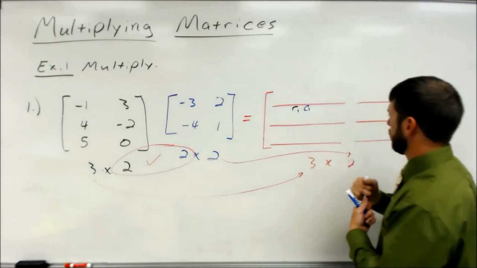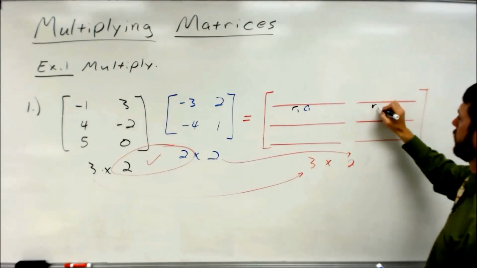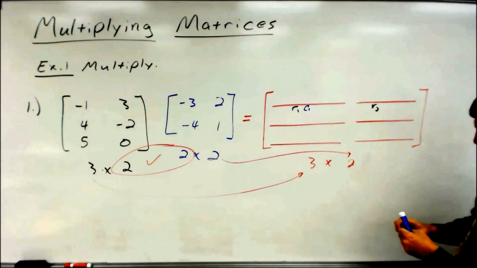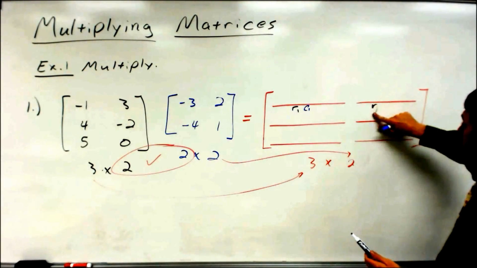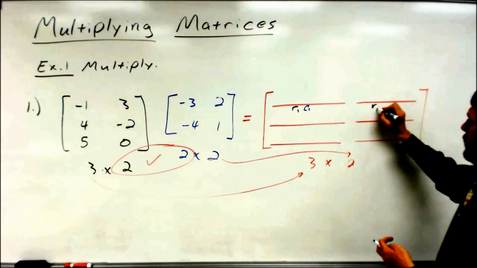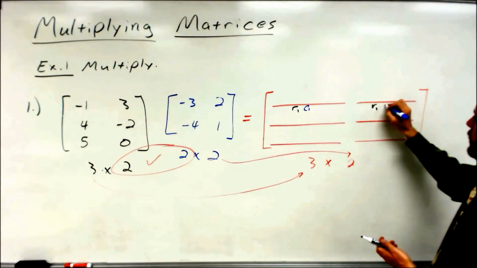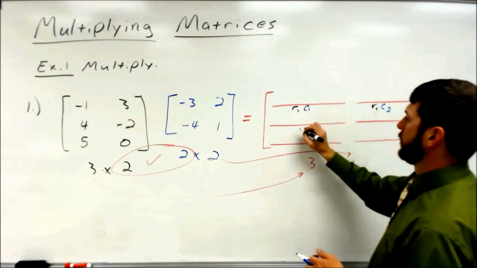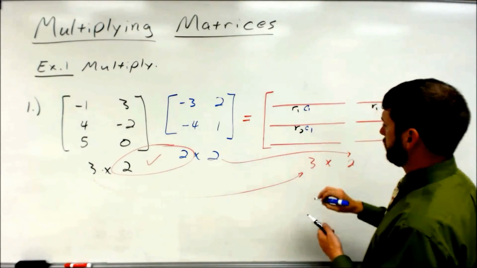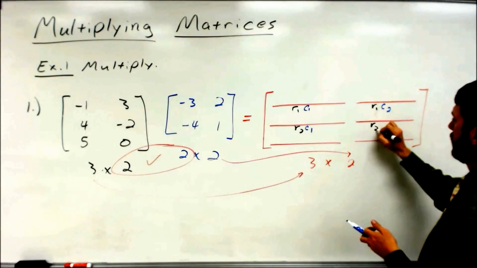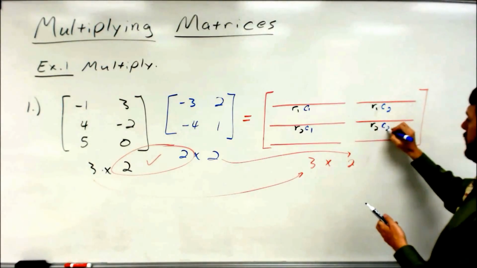Row 1, column 2. Row 2, column 1. Row 2, column 2.